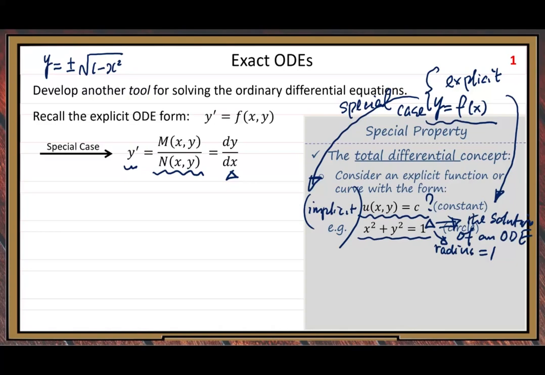So you put these two half circles together, and you get a full circle. If you want to write it as an explicit function, this example is so simple that you can write it in explicit form.